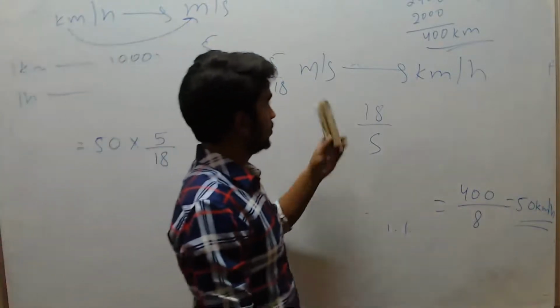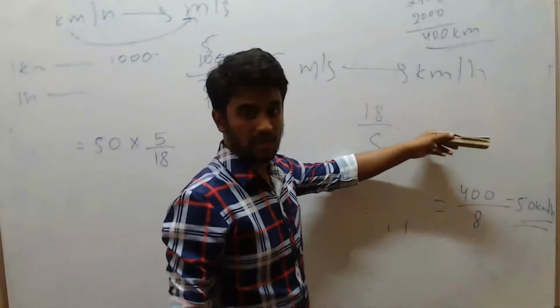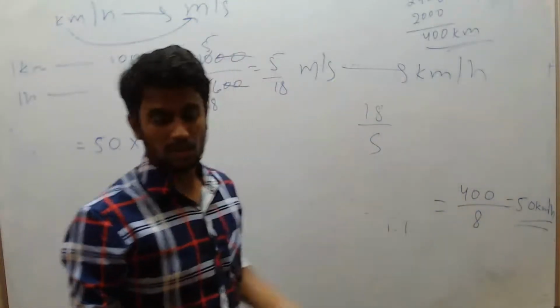If you want to convert from meter per second to kilometer per hour, multiply 18 by 5. Why? Because earlier I wrote 1000 divided by 3600. These two cancel, and 5 by 18 remains.